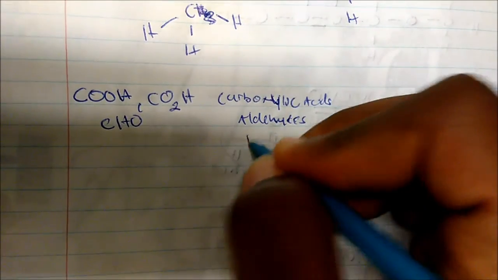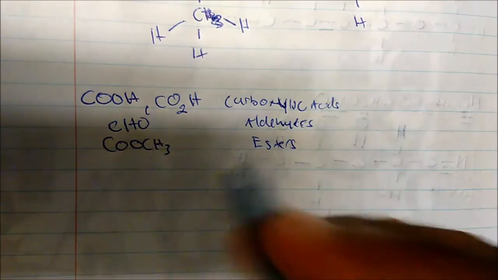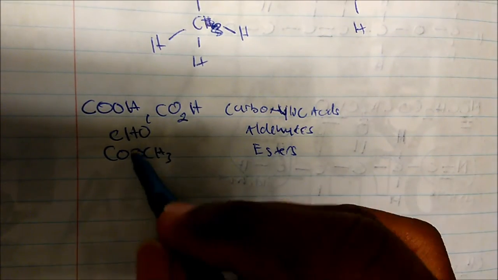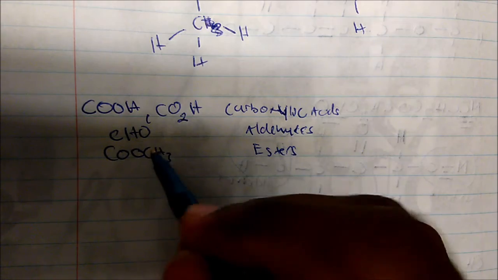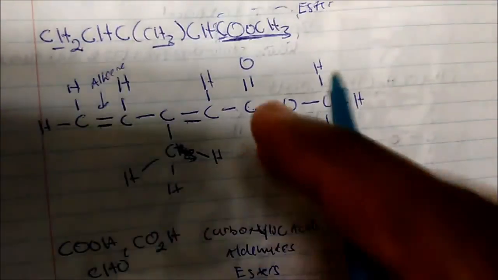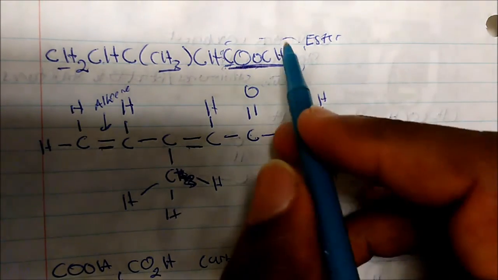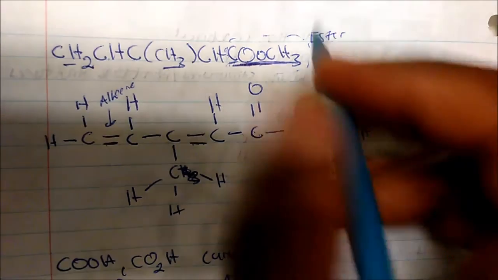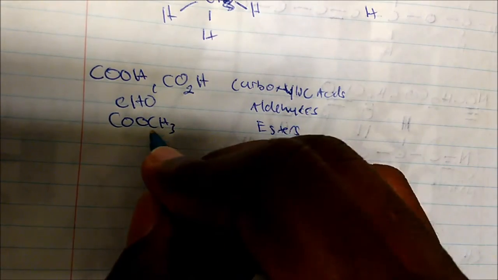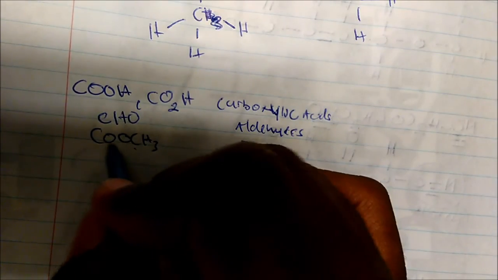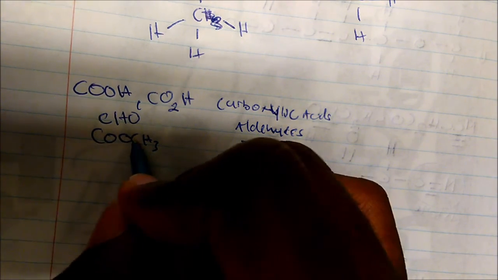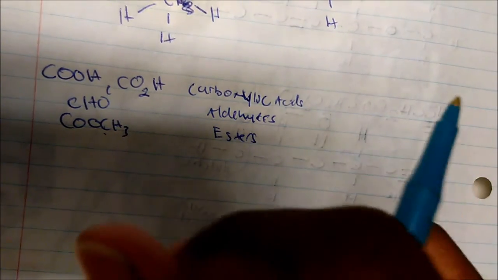We just talked about esters, so you'll see esters as COOCH3. And to be honest with you, this carbon chain could be extended. In this case, we only had a CH3 at the end, but we could have had a CH2 and a CH3, and it still would be an ester. The fact that you see COOC, that's an ester.